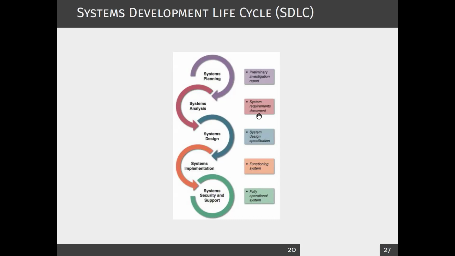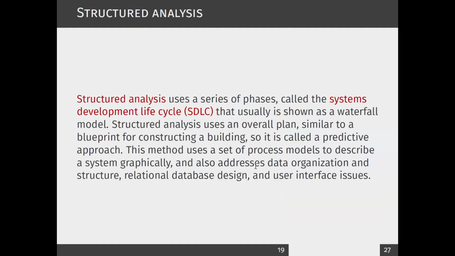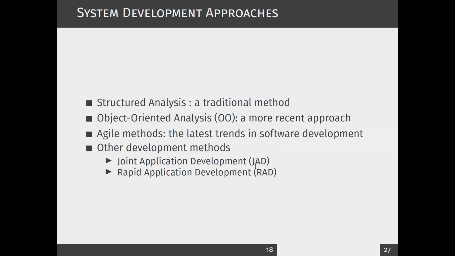Second phase, you have the system requirements document. Third, the system design specification. Fourth, system implementation, which means you have a functioning system. And once you finish system support and security, you will have a fully operational system. So this is how traditional development is structured.